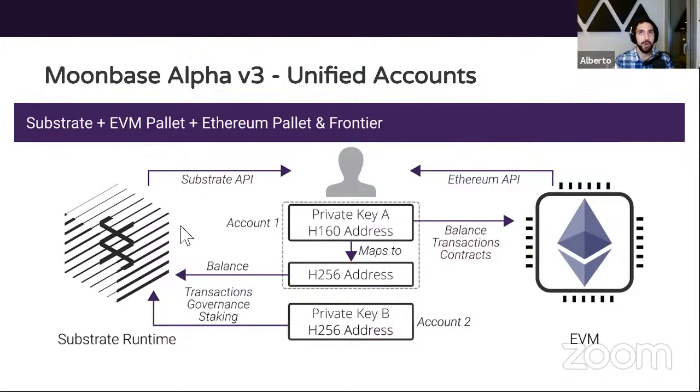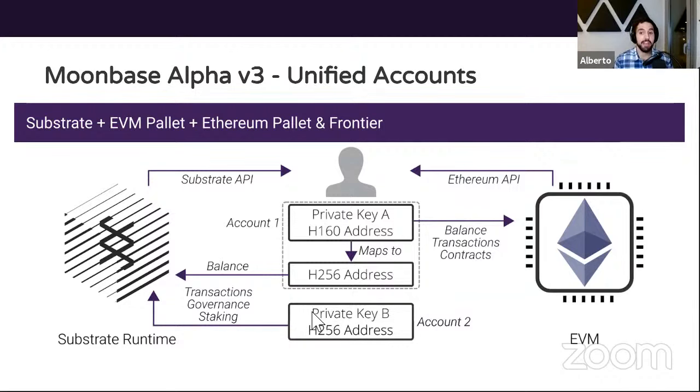So in order to interact with both the Ethereum side of things and the Substrate runtime, which provides important features like staking and governance, you need to have a separate account, okay? This separate account will have a different private key, which is why it's called private key B, associated to an H256 address type.